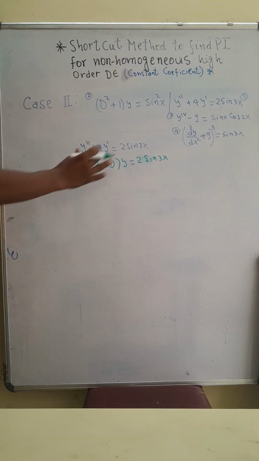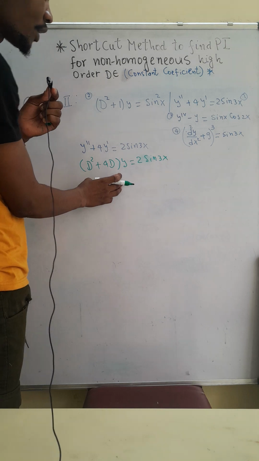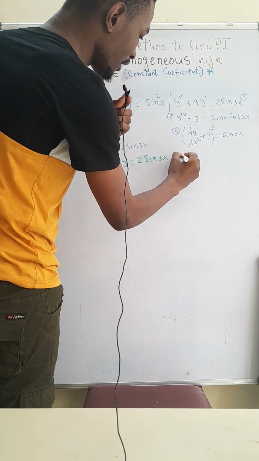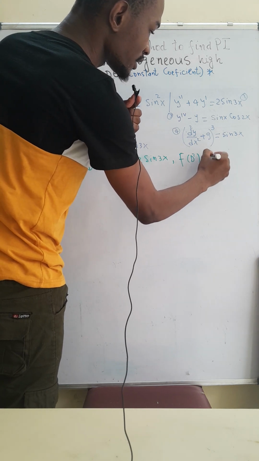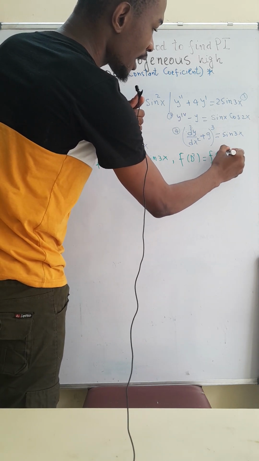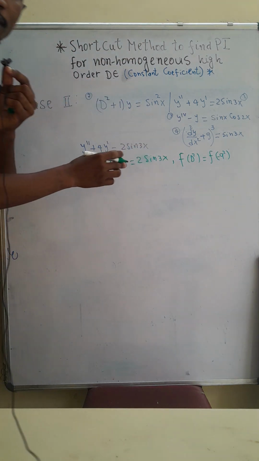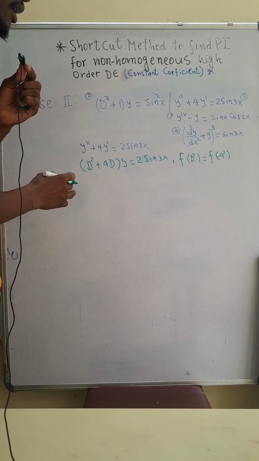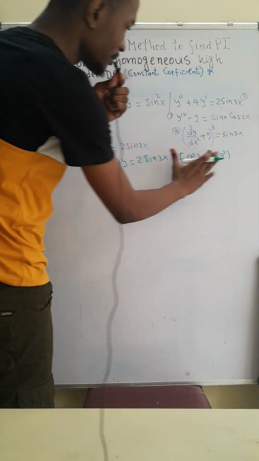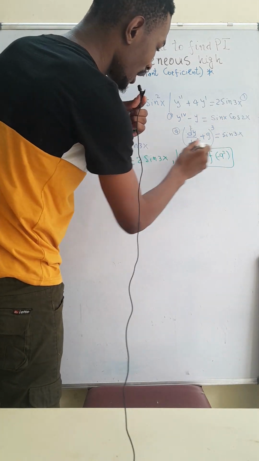Next, as we know, we have to find a function f of d squared so that we can substitute minus a squared in the place of d squared. That's the point, to find this yp. Just remembering you, this one we will apply after all.